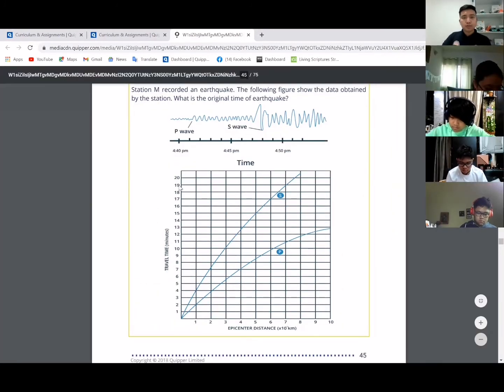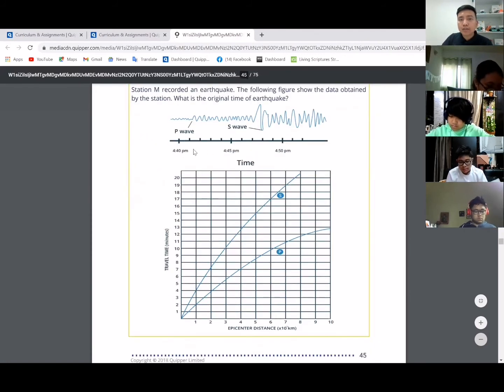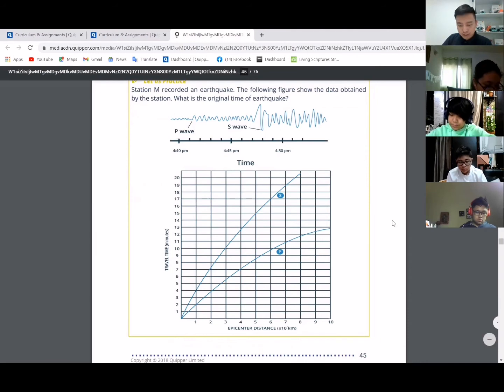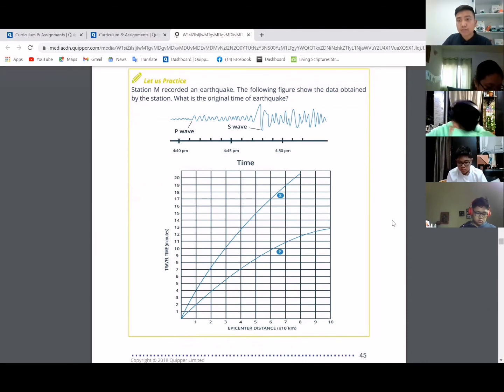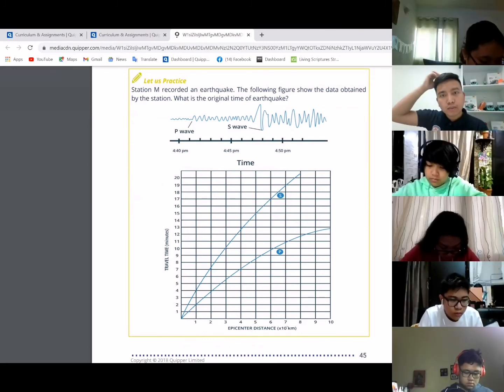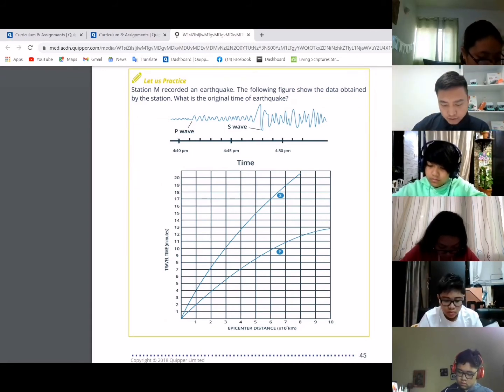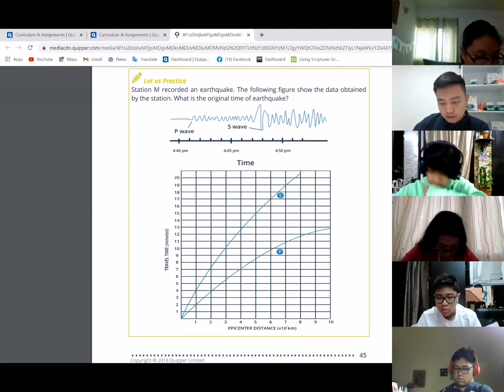So this is our graph. Based on the given P wave and S wave, what is the time difference? Teacher, 7 minutes. So earlier it was 7 minutes. So we have 4 hours, 48 minutes, minus 4 hours, 41 minutes.